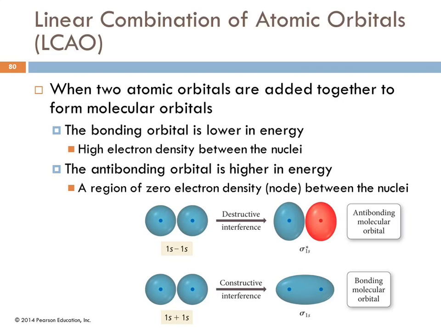When it interacts destructively, we get an anti-bonding orbital. There's a node, a region of zero electron density between the nuclei. This is a higher energy condition, and this does not contribute to bonding the two atoms together. It's going to do the opposite. That's why it's called anti-bonding.